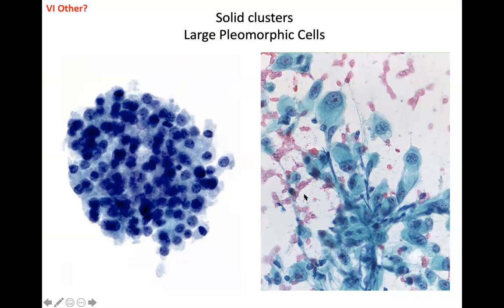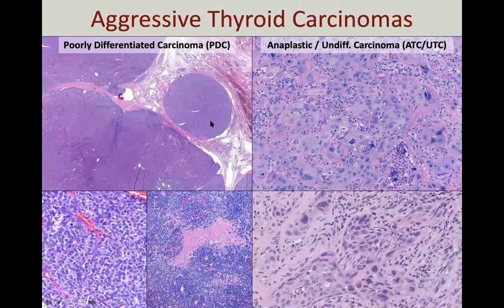So this is something else. This is some other type of malignancy that might be challenging to diagnose on FNA, but sometimes may end up being either a poorly differentiated or an undifferentiated carcinoma with these very tightly packed solid clusters of cells in poorly differentiated, and these very pleomorphic, sometimes even squamoid cells in anaplastic.